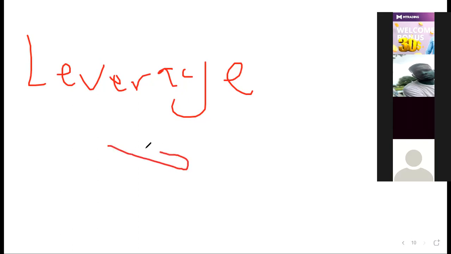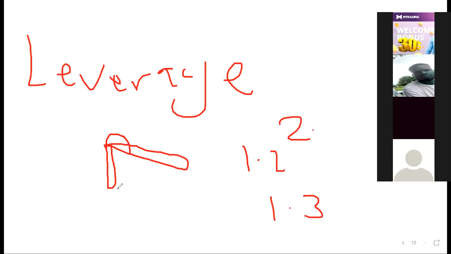One of the reasons is that they wear high heels, right? That's a very good example of leverage. A woman who is 1.2 in height, and on a Sunday morning she's 1.3. She's leveraging on the high heel. So she's actually taller than she actually is. That's what leverage does.